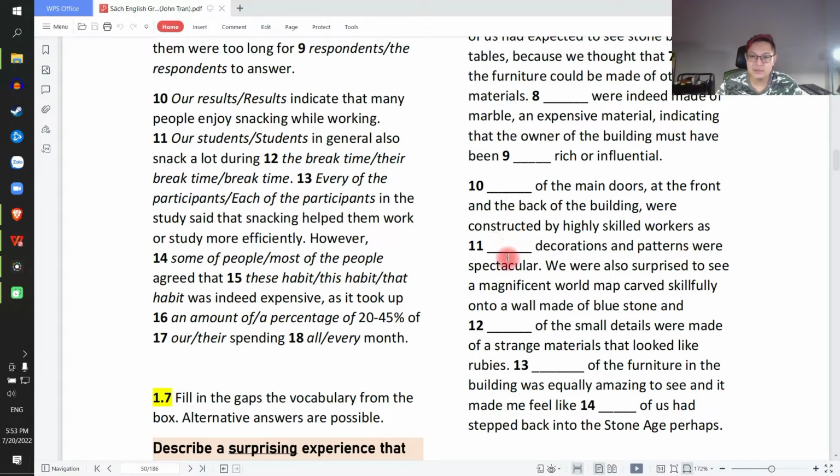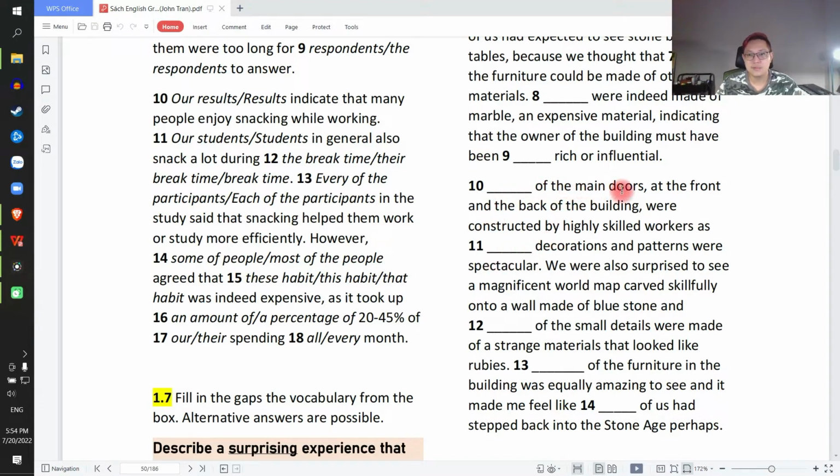So there here refers to the two doors, of course, because the decoration patterns were on the door itself. Tại vì cái decor, cái trang trí và những cái phương cách trang trí đó nằm ở trên cái cửa, cho nên cái chữ there ở số 11 này là nó nhắc về hai cái cửa chính, hai cái cửa đằng trước và đằng sau á.